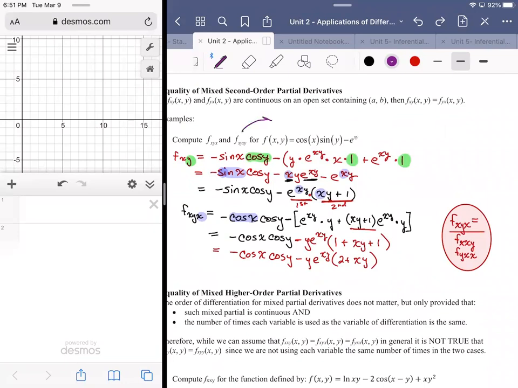Because this one here is going to be the same as f sub x, x, y, y, f sub y, x, y, x, f sub y, y, x, x, f sub, let's see, we could bookend it, y, x, x, y. We can go the other way.